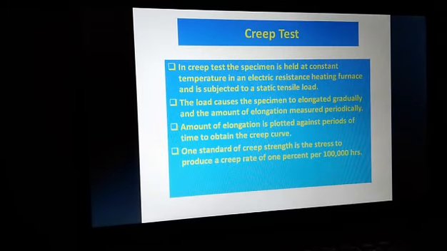Creep test. In a creep test, the specimen is held at constant temperature in an electric resistance heating furnace and is subject to static tensile load. The load causes the specimen to elongate gradually, and the amount of elongation is measured periodically.